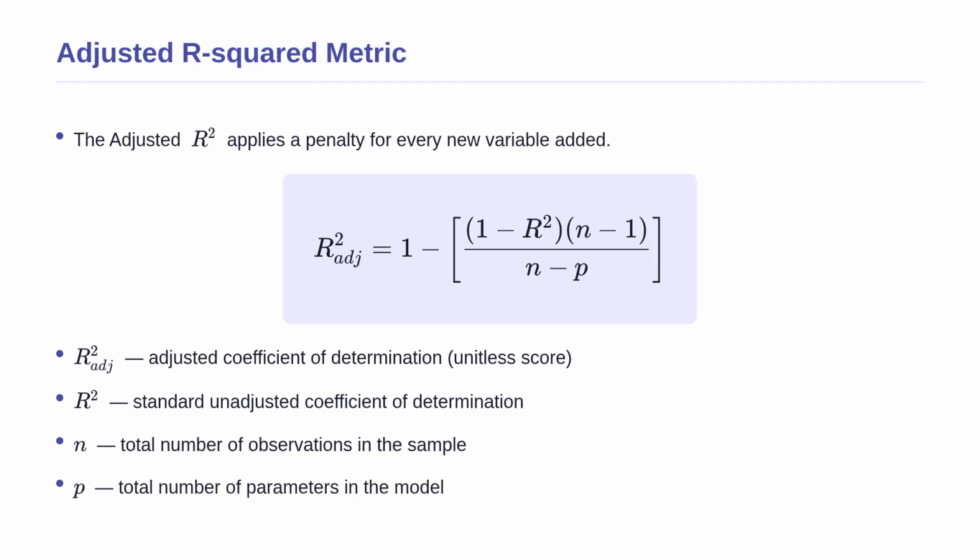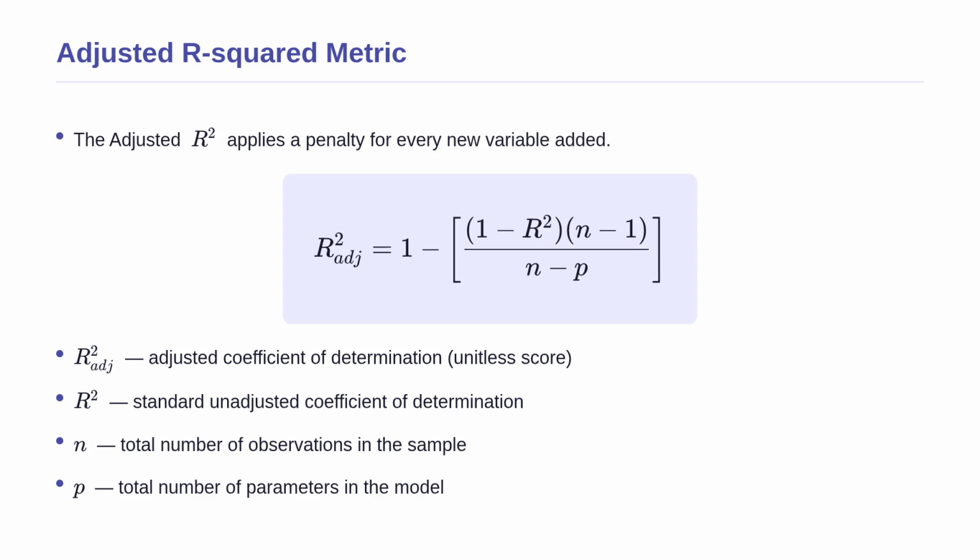This brings us to the adjusted R-squared metric. Conceptually, this formula takes the standard R-squared and shrinks it based on how many variables you use. Let us break down the symbols. R-squared adjusted is our penalized score. R-squared is the standard unadjusted coefficient.